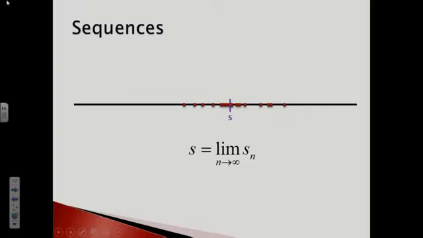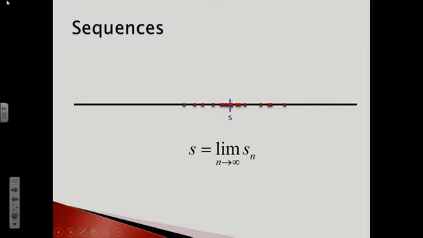The notation S equals the limit of Sn when n tends to infinity means that eventually the terms of the sequence Sn can be made as close to S as may be desired by taking n sufficiently large.